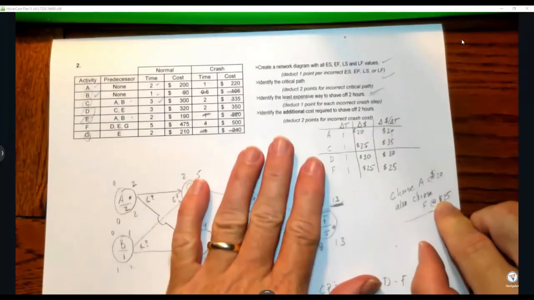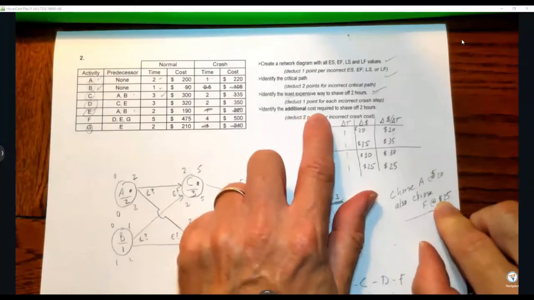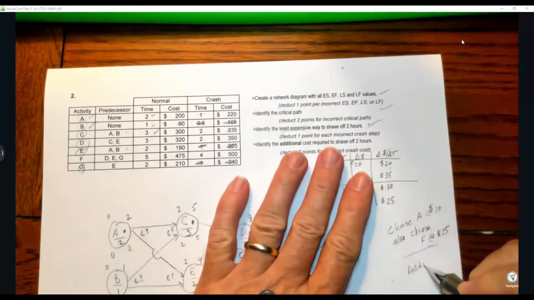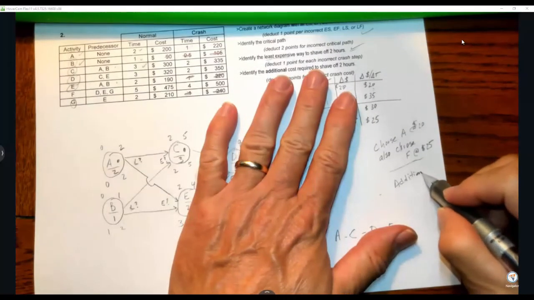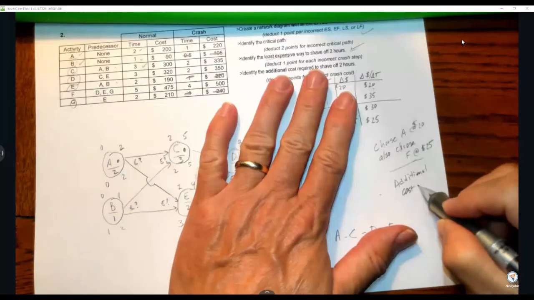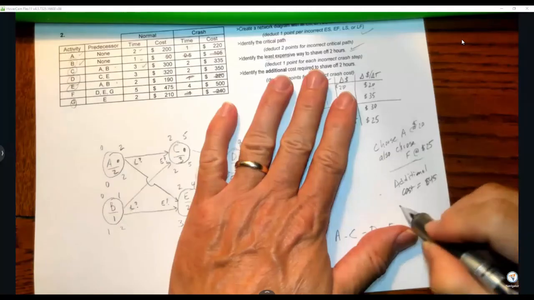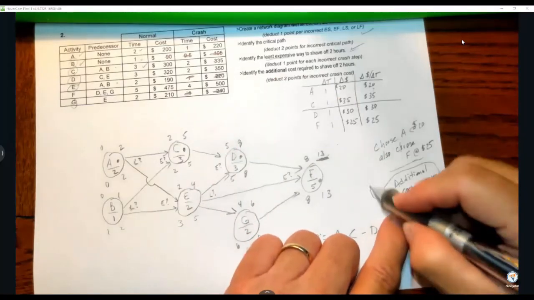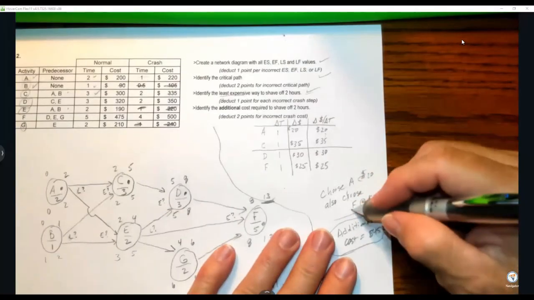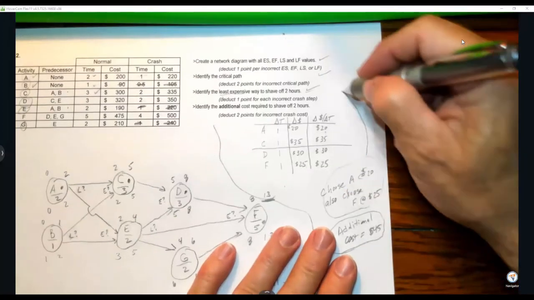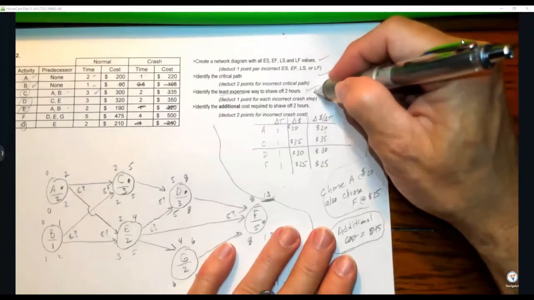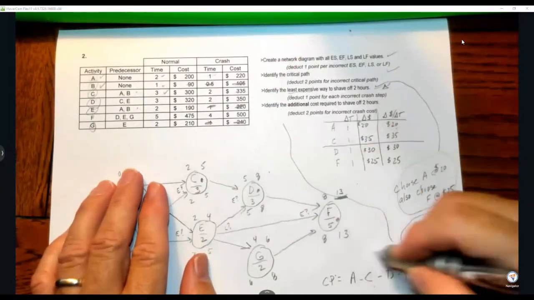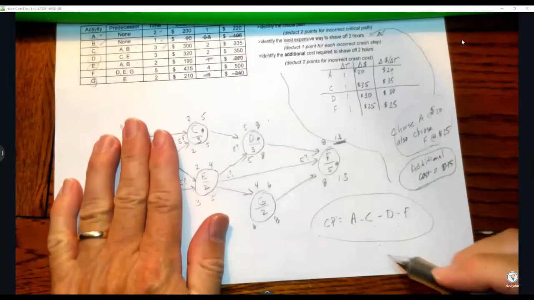But since I did not say that, I said identify the additional cost to shave off 2 hours, all I'm going to say is the additional cost is equal to $45, and that would be the answer to that part. This right here would be the answer to this part. And critical path, that would be down there, CP, critical path.